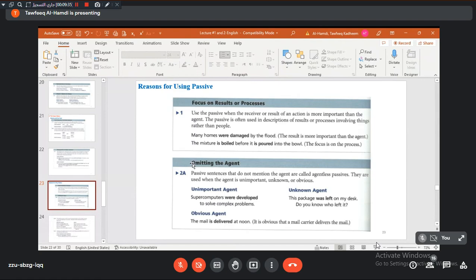Is the study published yet? The answer for this form, you can say: yes, it is; no, it isn't. When are the results announced? This is the question form in the simple present passive.